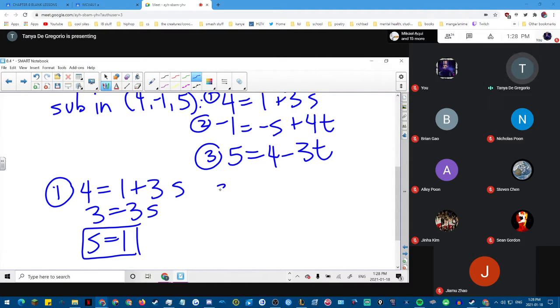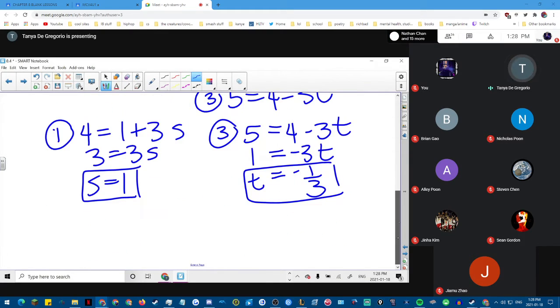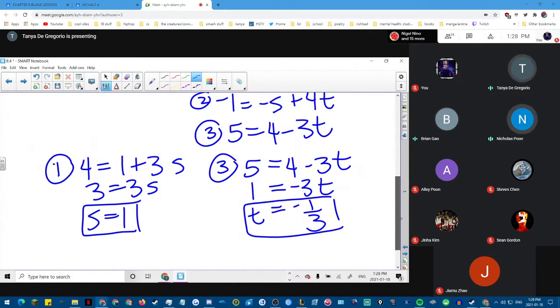I want to use the one with only T. Because now I want to solve for T, right? Okay, so I have S and I have T. Now what do I do? I have S and I have T.